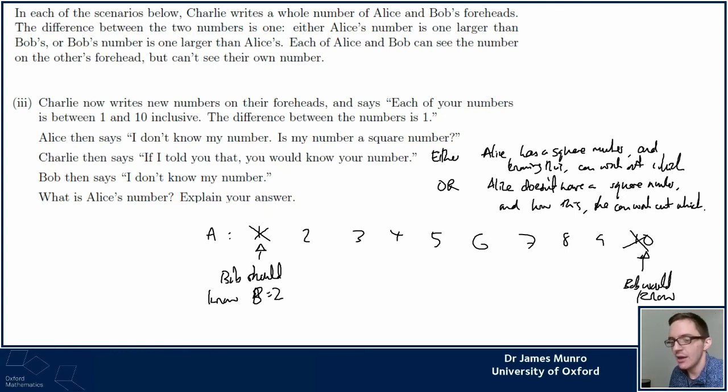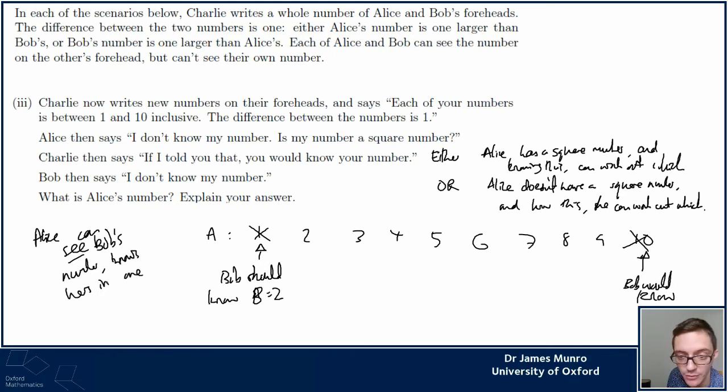Okay. Alice can see Bob's number. Yeah, Alice can see Bob's number. She knows hers is 1 more or 1 less. And the information from Charlie, telling Alice whether her number was square or not, would tell Alice which one of those it was.